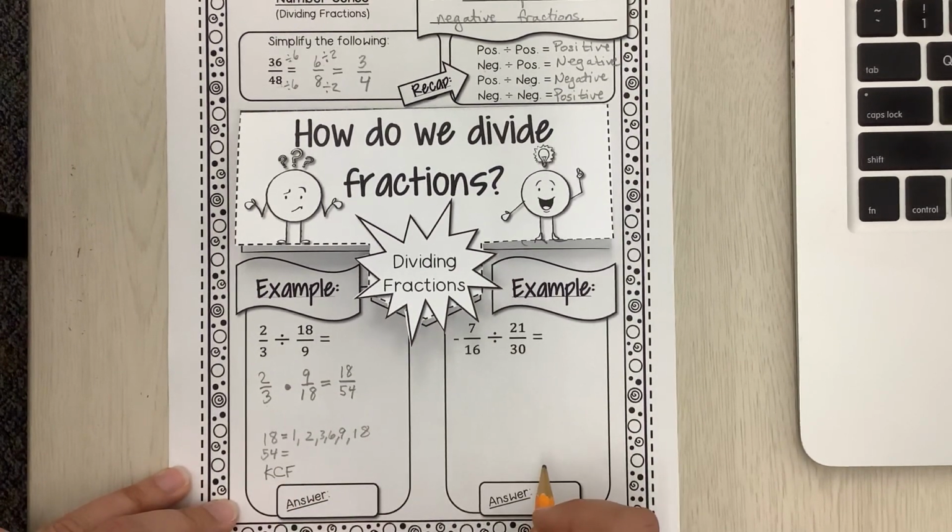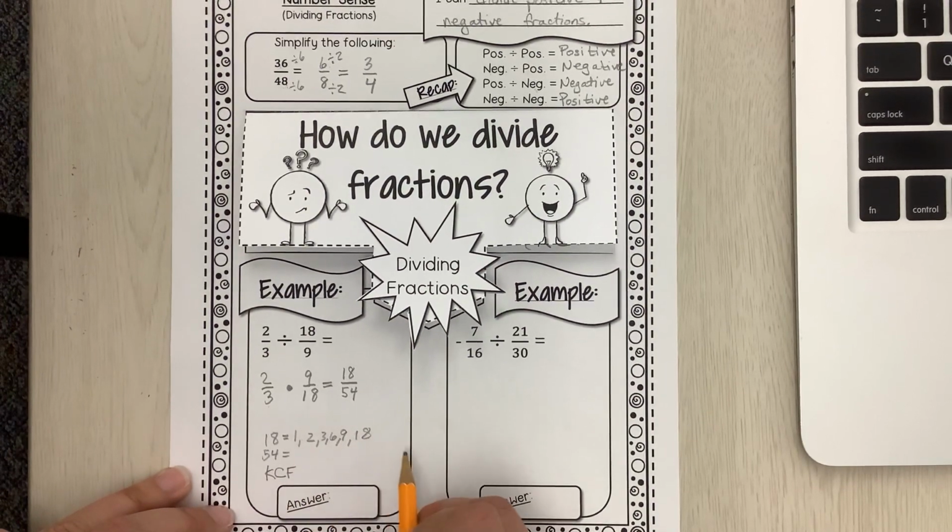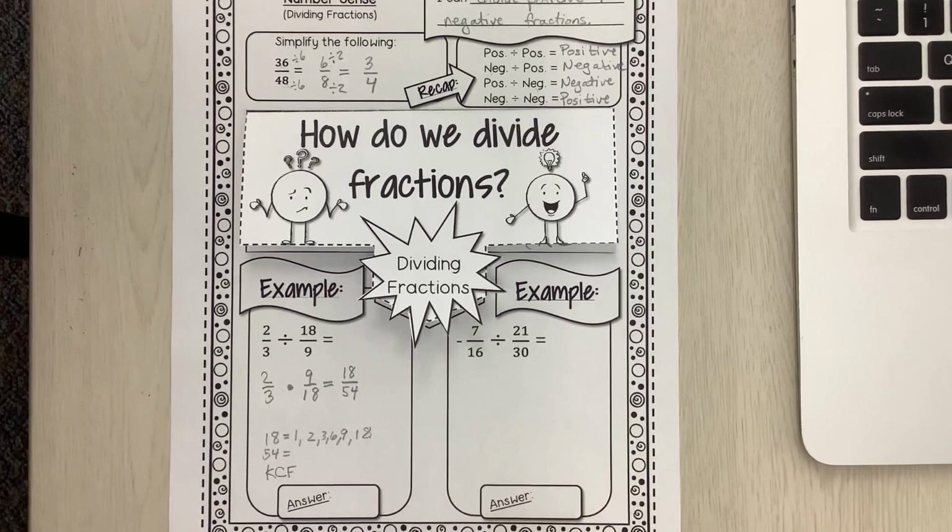Okay, let's do 54. If I find that I have one of these for 54, the largest one I have, then I can do it. So let's just try 18. If I did 54 divided by 18, I get 3.